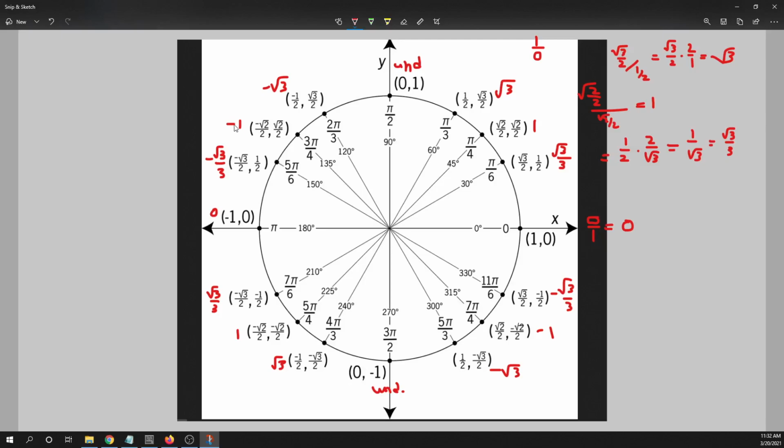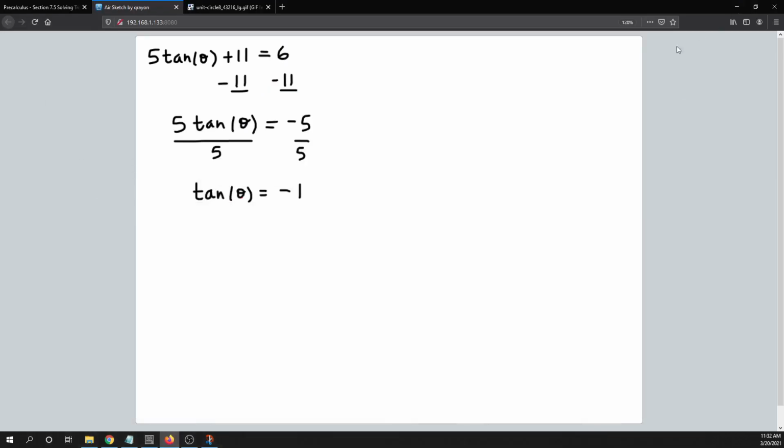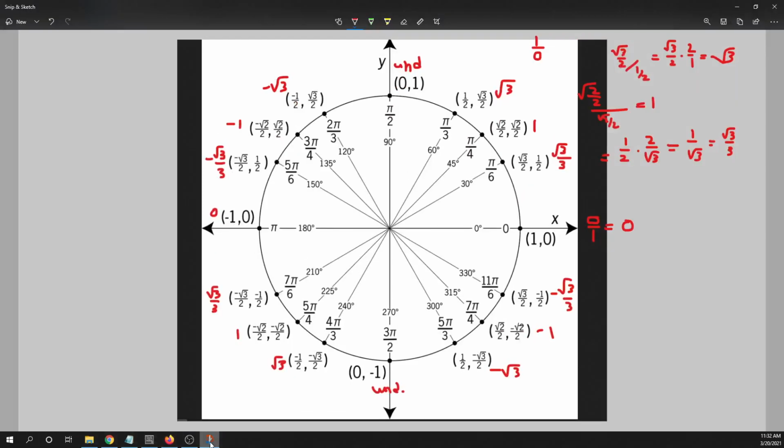We can see right here, here's a negative 1, so the first answer that we get is 3 pi over 4. All right, so theta equals 3 pi over 4. And then keep walking around the unit circle. Here we have a negative 1, so that's 7 pi over 4.